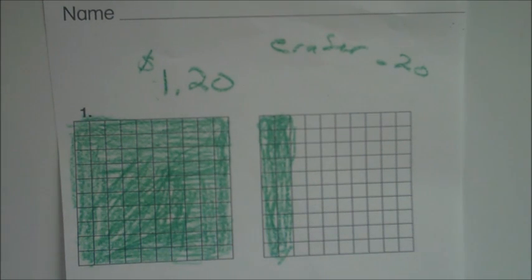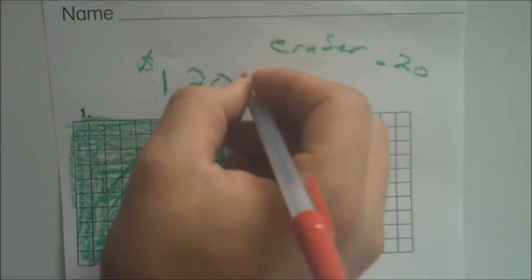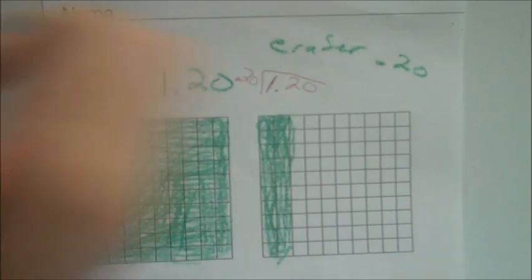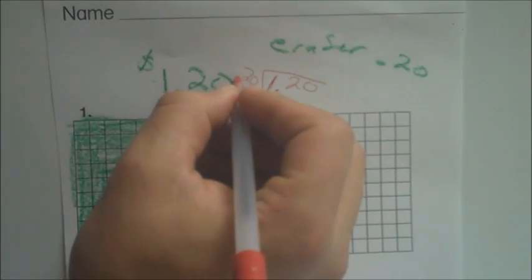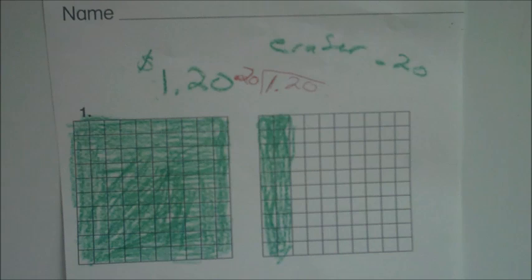How many groups of 0.2 can I make? Because the problem is asking if he's spending $1.20 among 20 cents. That's some great writing, isn't it? Let's rewrite this here.